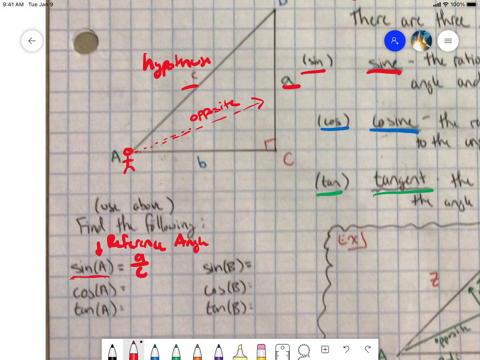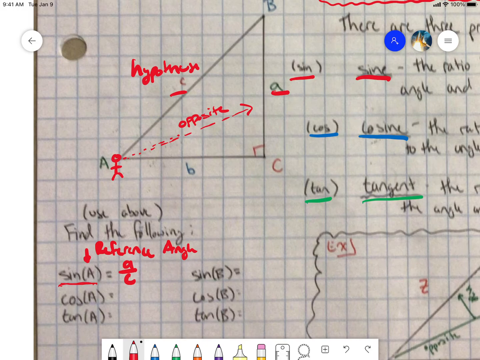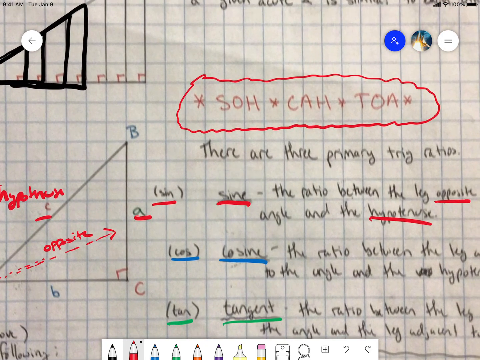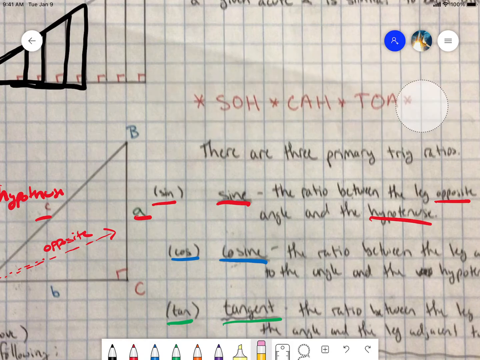Now, that's what we mean when we're talking about SOHCAHTOA. Okay? The way I want you to think about this, and I'll even get rid of this thing here, is that what it's spelling out tells you how the ratios go. So for this one, sine is opposite over hypotenuse.